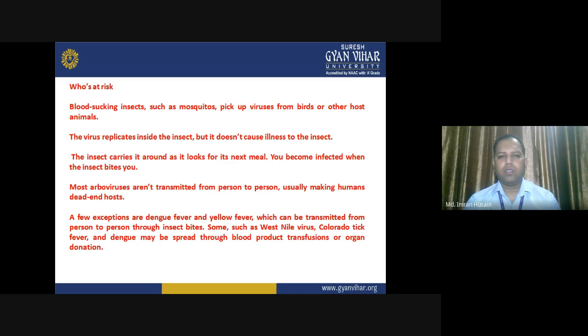So this is the procedure that is going on inside the mosquito, and meanwhile the virus is also replicating itself. So you become infected when the insect bites you. When the insect bites you, you will definitely get infected. Okay, the virus will be transmitted into your own body.